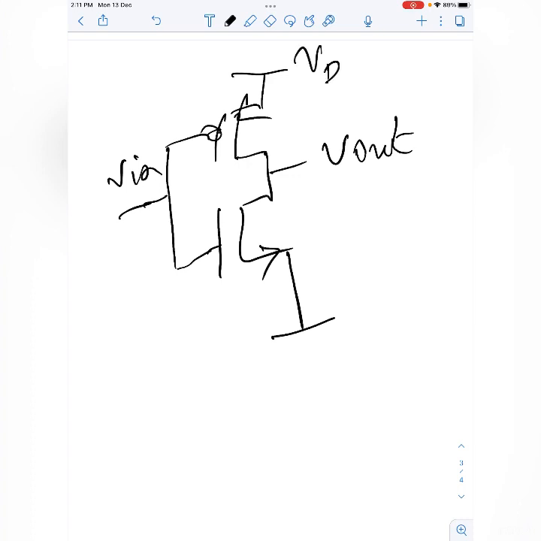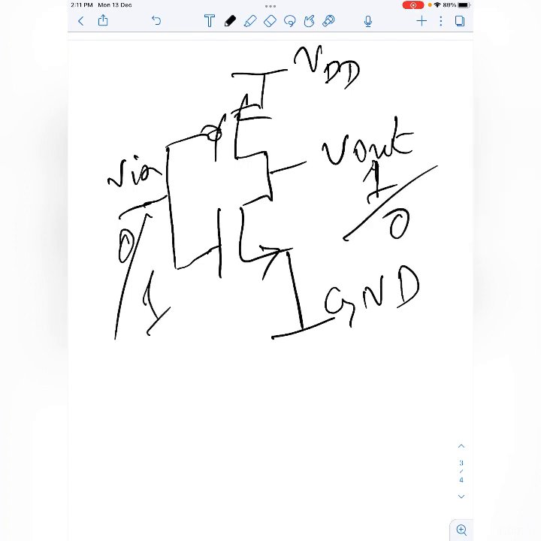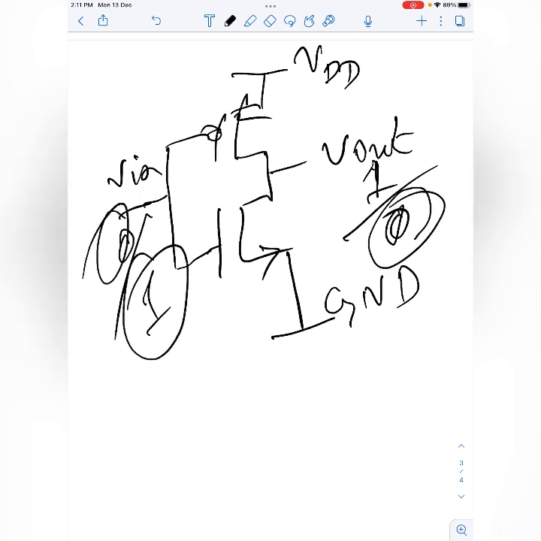This is VDD, this is ground. You all know the functionality. If we give a logic value of 0, we will get an output of logic 1. If we give a logic value of 1, we will get an output of logic 0. These are concerned with the noise margins, and we will dive deeper into it once we get an idea.